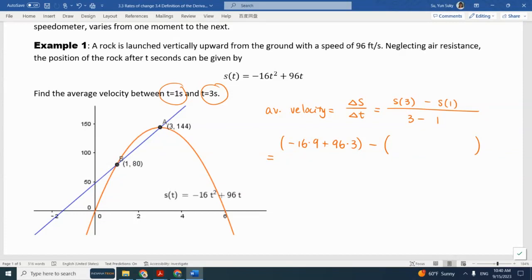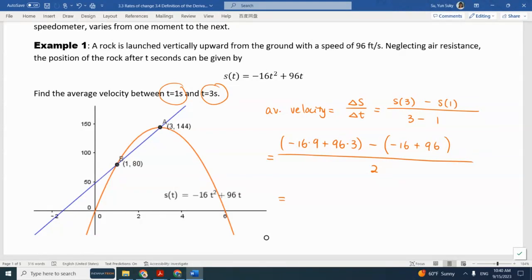You plug in t is 1. So minus 16 times 1 squared, which is 1. You multiply by 1, it's just that thing, so you don't need to write multiply by 1. Plus 96 times 1 is 96. Is that okay, everybody? Okay. Denominator, what is 3 minus 1? 2. Right, everybody?